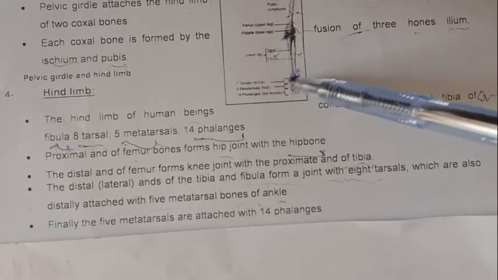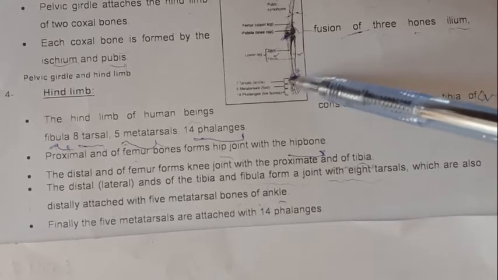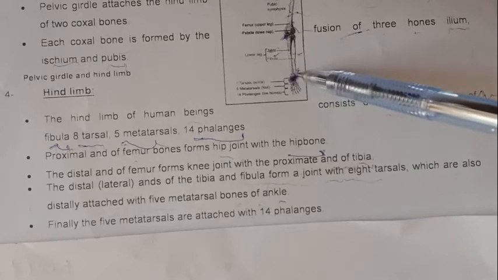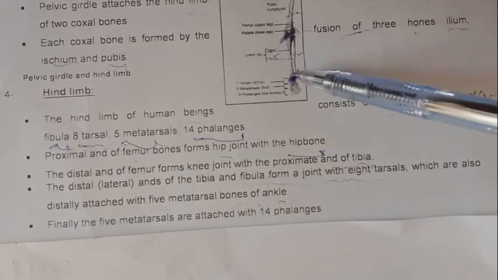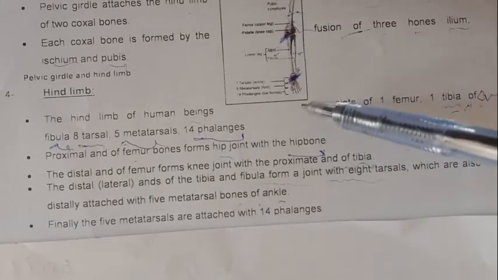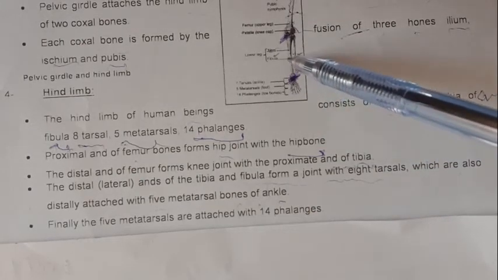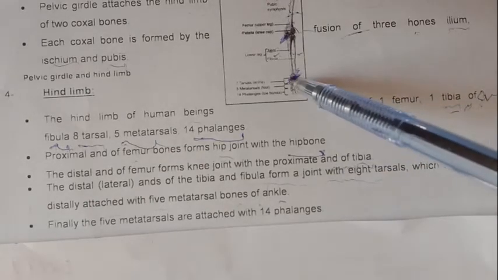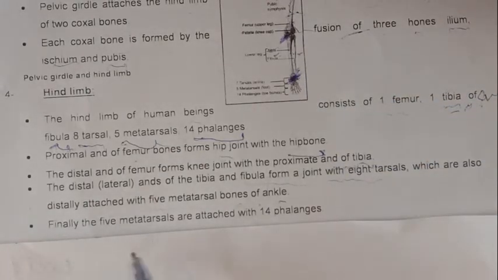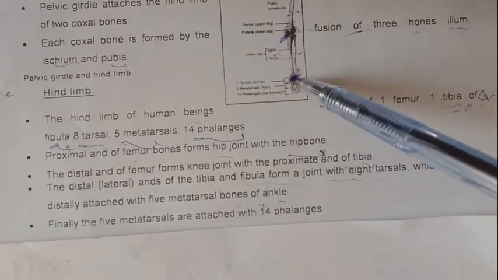So here, these are the knee joint and the ankle joint. The ankle joint is formed by tibia and fibula and 8 tarsals, and distally attached with 5 metatarsal bones.